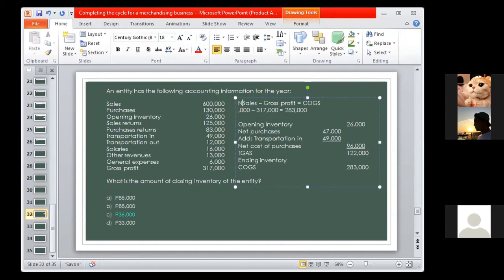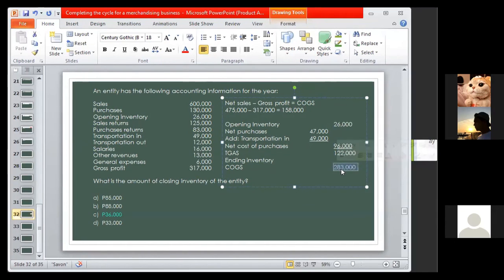Should be net sales, kalimutan ko. So this should be 475,000. 475 minus 317. Tingnan nyo, nalilito din ang kuya nyo. Balikan nyo pag may mga mali. So ayan, 158. Ang amount dito ng COGS is 158, hindi 283.